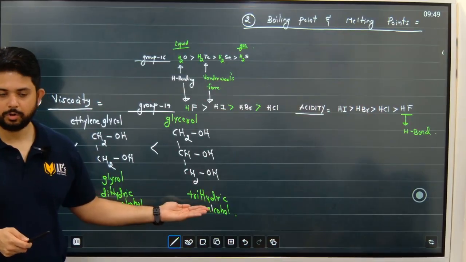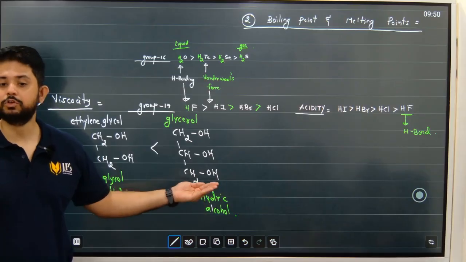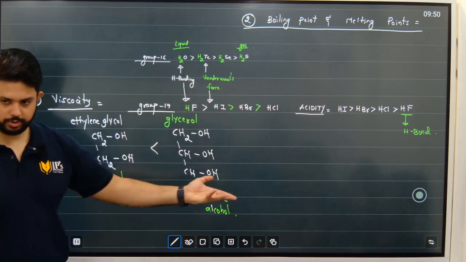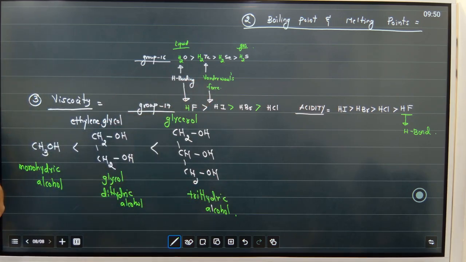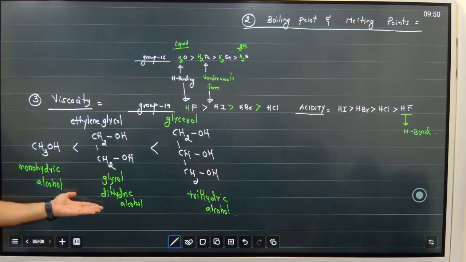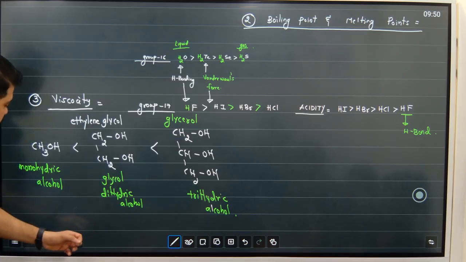Trihydric alcohol, obviously more the number of OH, and hence it has a higher viscosity. Not only that, if I club this with melting and boiling point, who do you think out of the three will have the highest boiling point? Glycerol. Compare that to ethylene glycol and compare to monohydric alcohol. Did you people get that? Yes or no?